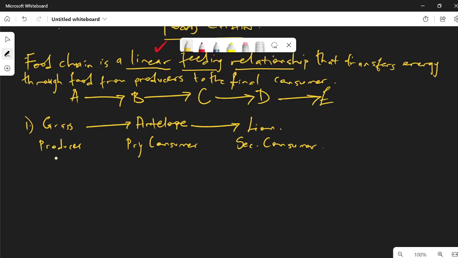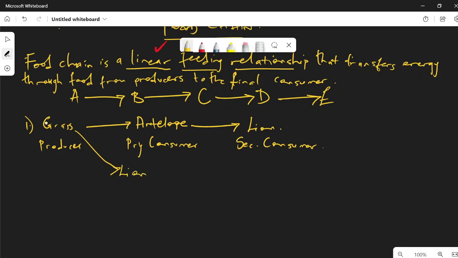Alright, so I said we have grass, antelope, then lion. So our grass here is serving as our producer because it is a plant. It is an autotroph, so it will always start with the food chain, and then it is fed upon by a type of organism that has the ability to feed on grass. I couldn't have written grass and write lion here.